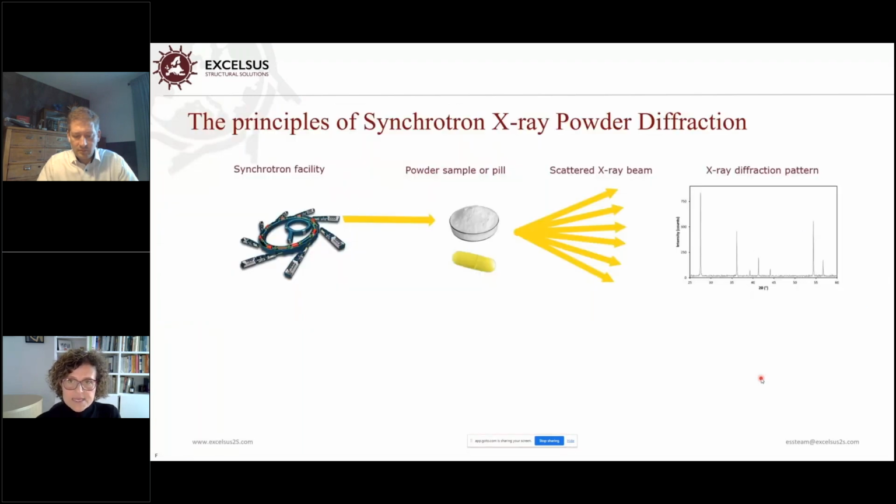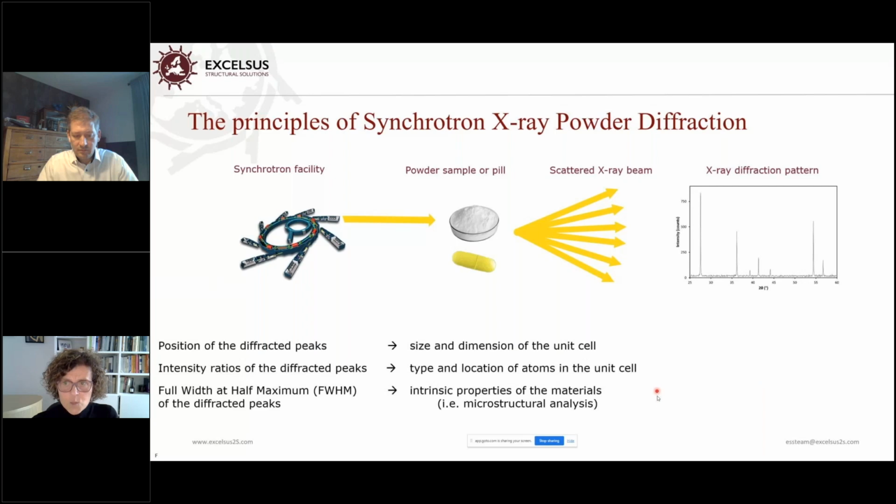Okay, so back to this slide. What is the information that we can extract out of an X-ray powder diffraction pattern? Well, from the position of the diffracted peaks, we get information about size and dimension of the unit cell. From the intensity ratios, we can get information about type and location of atoms in the unit cell.